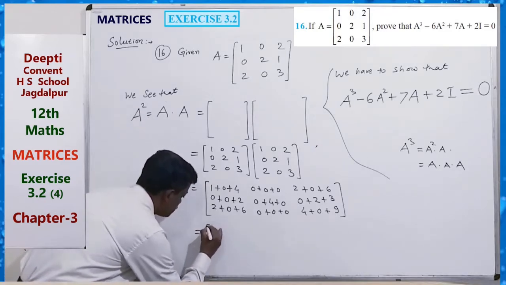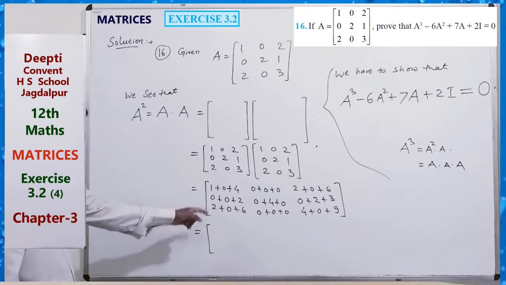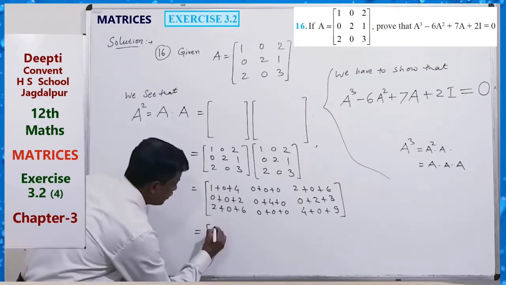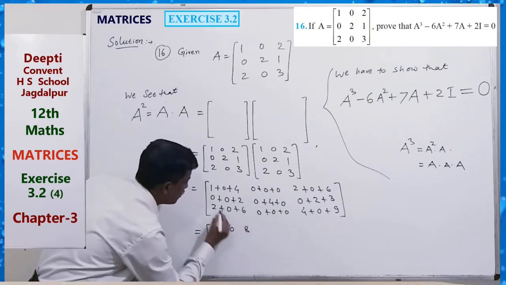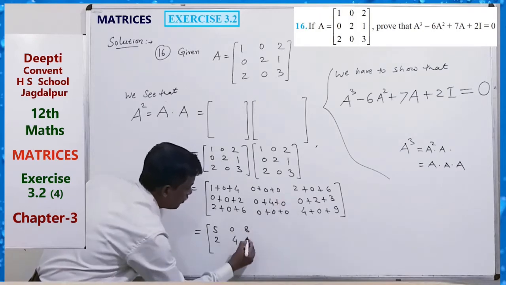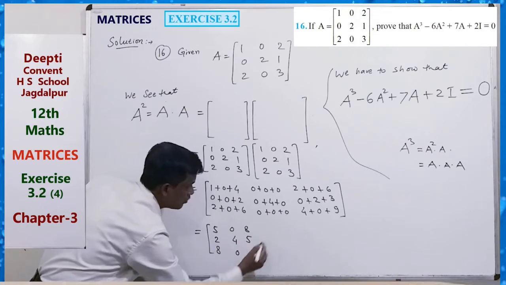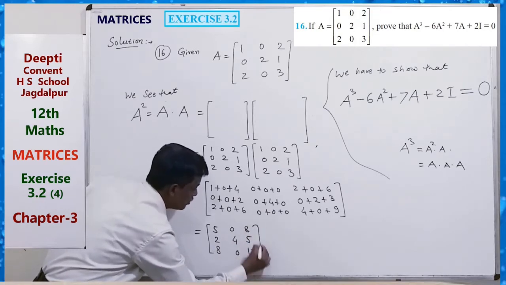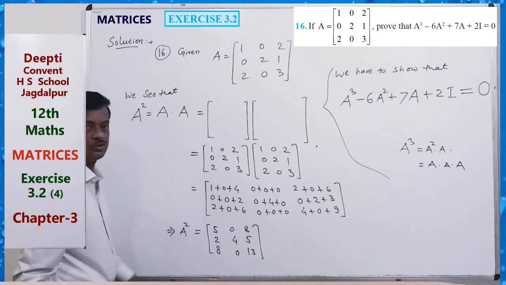So this is equal to what? You see here 5 0 8, 2 4 5, 8 0 13. This is A square. We found A square.